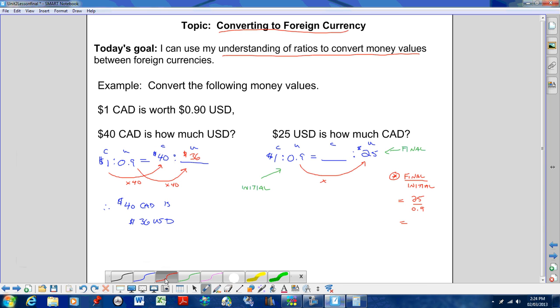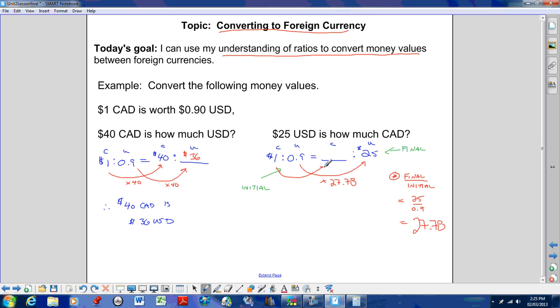So 27.78 is what I end up with. So that's what I multiplied by. I multiplied by 27.78. So that means whatever I did to the one, I have to do to the other. So I have to multiply 1 Canadian dollar by 27.78.